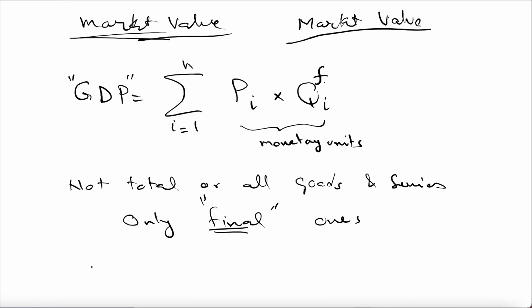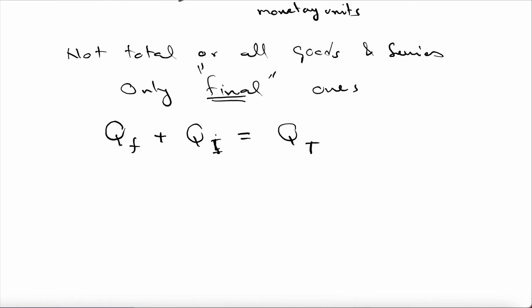So what is this final which is inside the definition? Final is versus intermediate. We have quantity final, and some quantities which are intermediate, I use the I, which together make the quantity total. For example, we buy a car, and inside the car there are 4 + 1 wheels or tires.